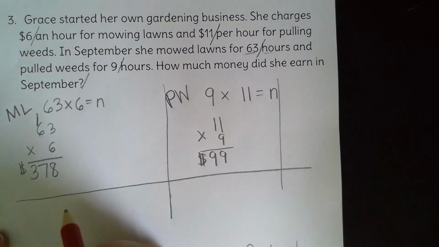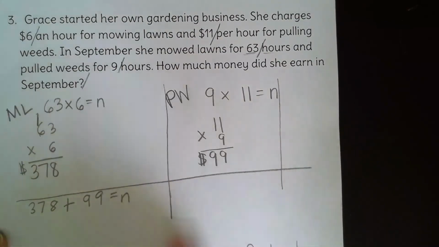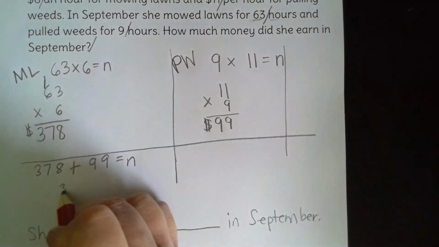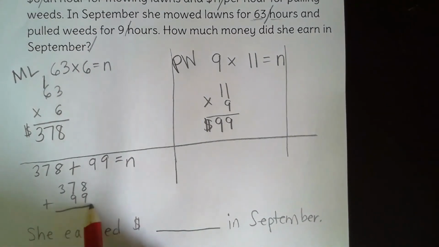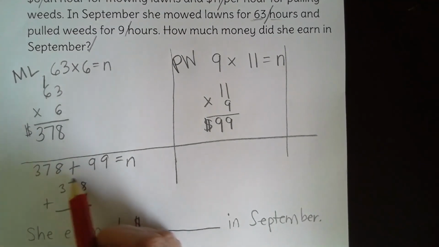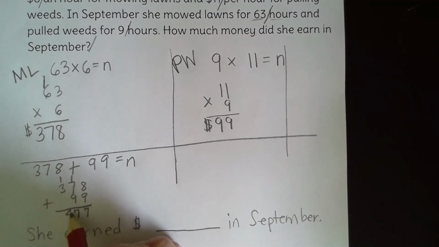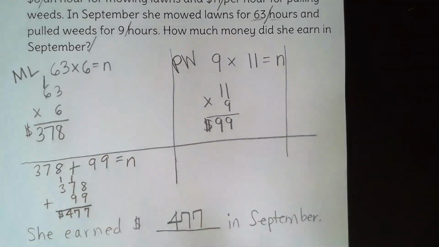So I just find some space somewhere, and that's going to be 378 plus the 99 from the pulling weeds, and I set it up somewhere where I have room. 9 and 8 is 17, so I put down the 7, carry the 1, put in the tens place. 1 and 7 is 8, 8 and 9 is 17, put down the 7, carry the 1, 1 and 3 is 4. So go Grace, she earned $477 in September.